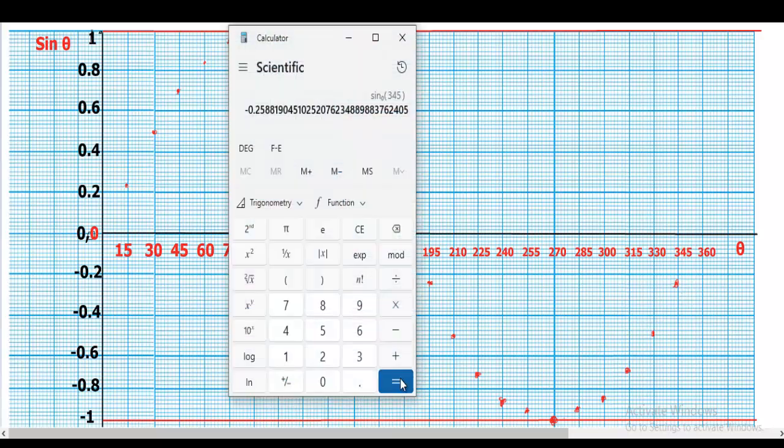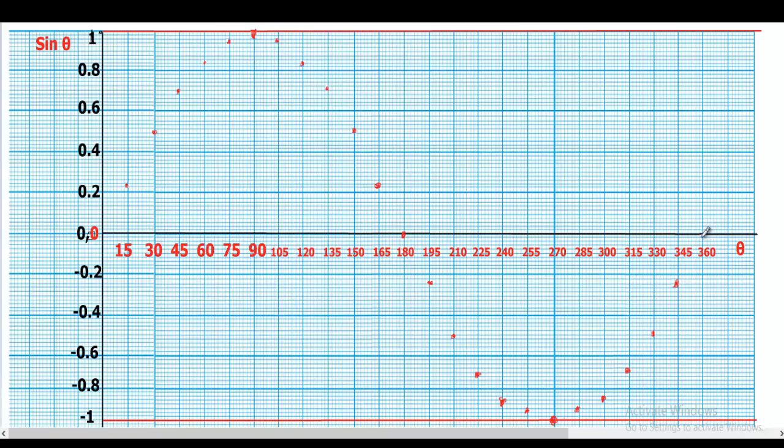Finally, sine 360 would be 0. So we return back to 0 again.